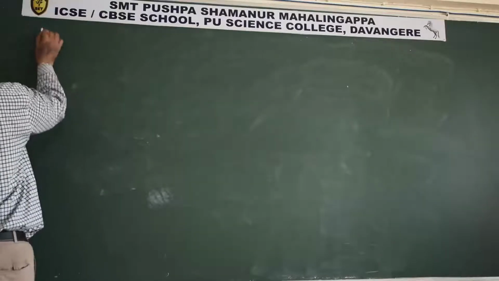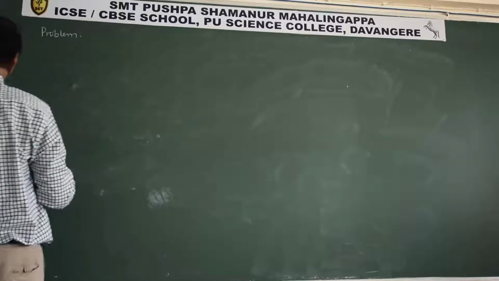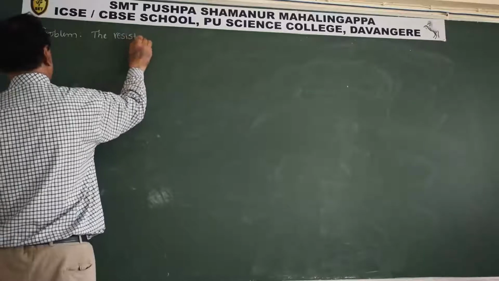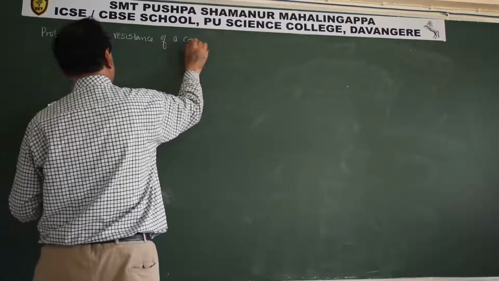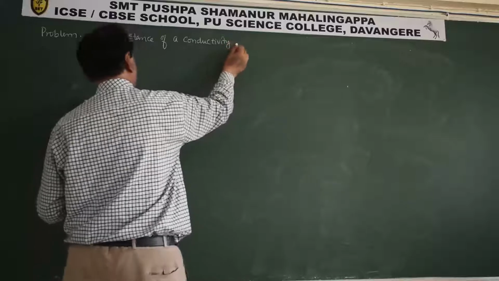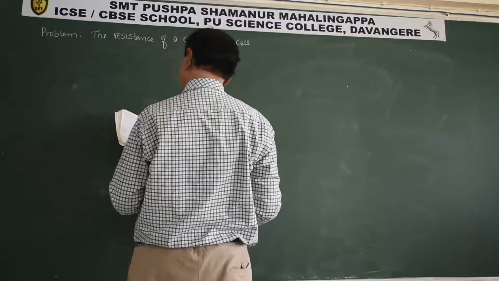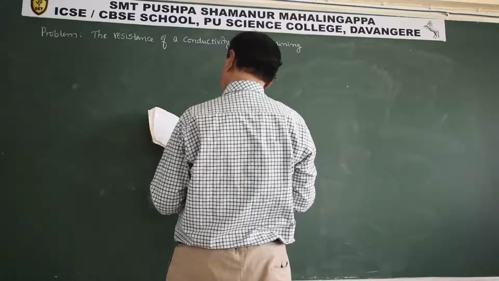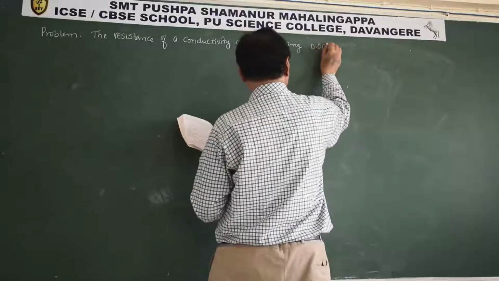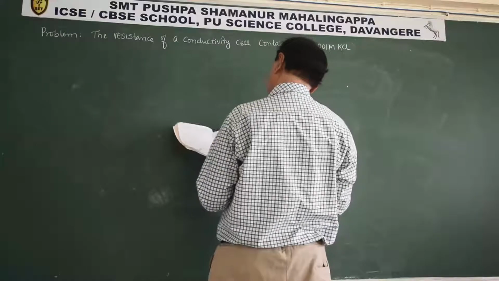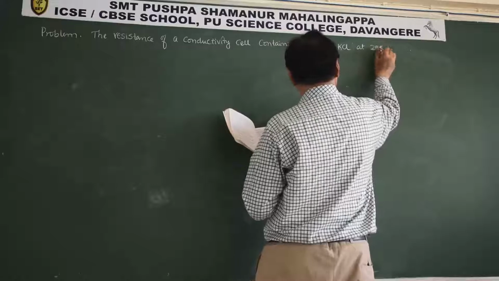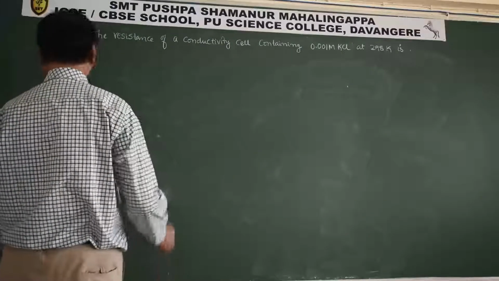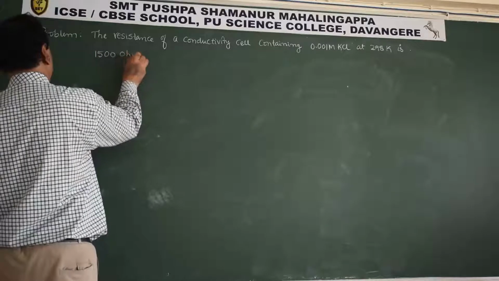And one more problem. The resistance of a conductivity cell containing 0.001 molar KCl at 298 Kelvin is 1500 ohm.